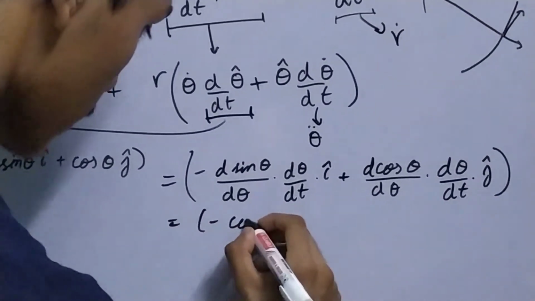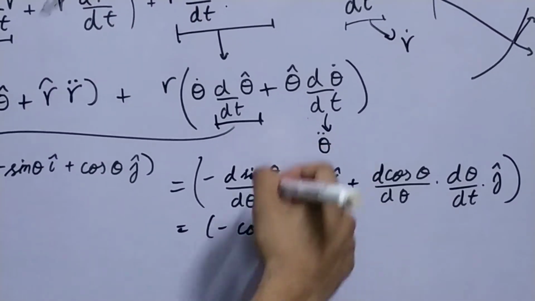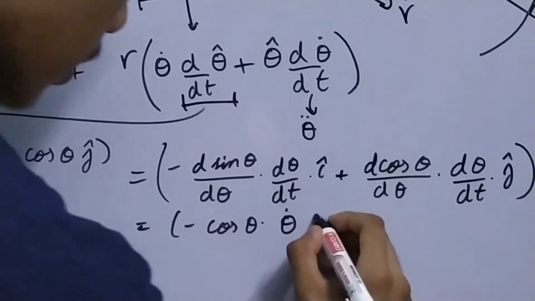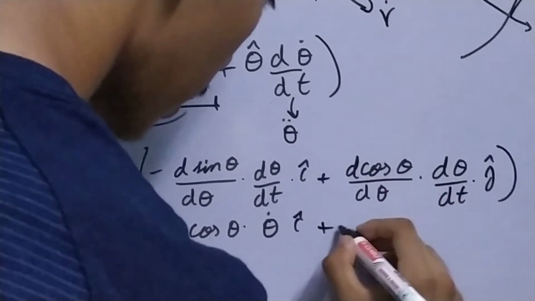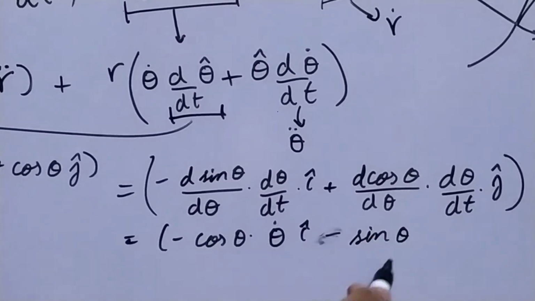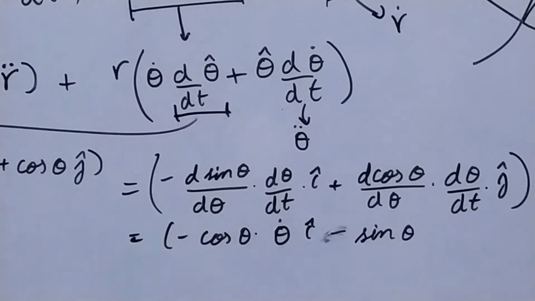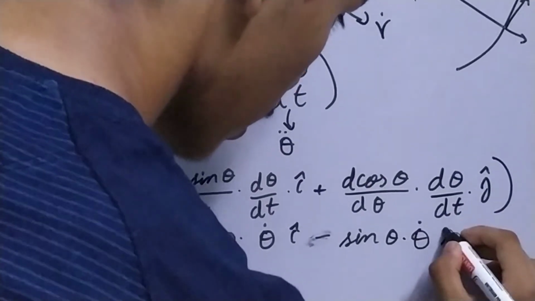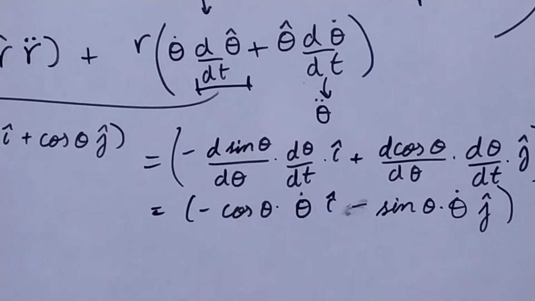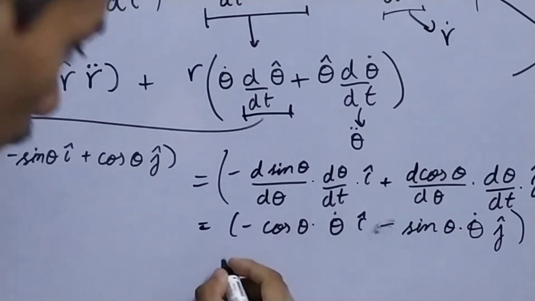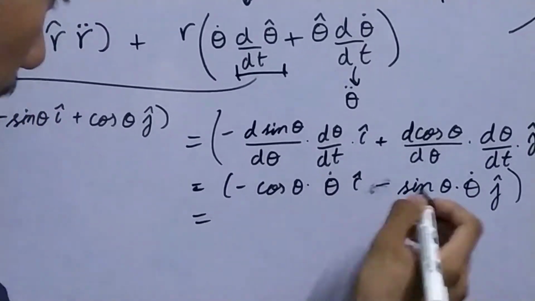This is minus cos theta, we write d theta by dt as theta dot, i cap plus, sorry, this is minus sine theta, d cos theta by d theta is minus sine theta, theta dot j cap, and we can pull out minus theta dot outside the brackets.